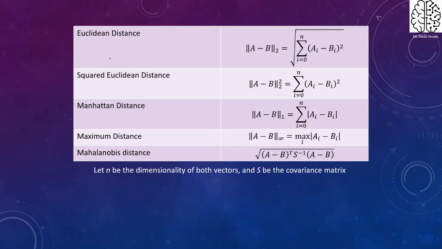Here are the five most common ways to calculate the distance between two vectors. We have Euclidean distance. If this looks alien to you, consider when n is 2, or our dimensionality is 2. For example, in this case each vector has 2 items in it.